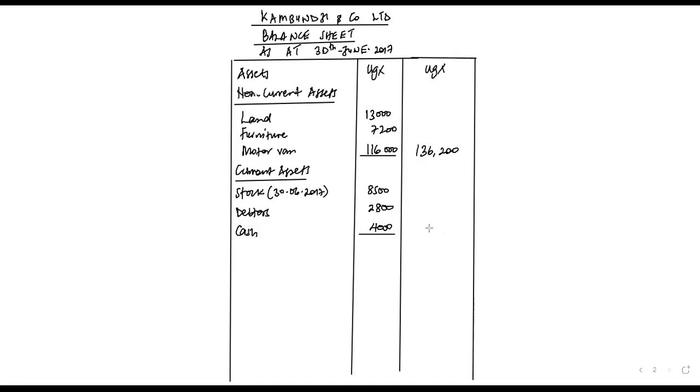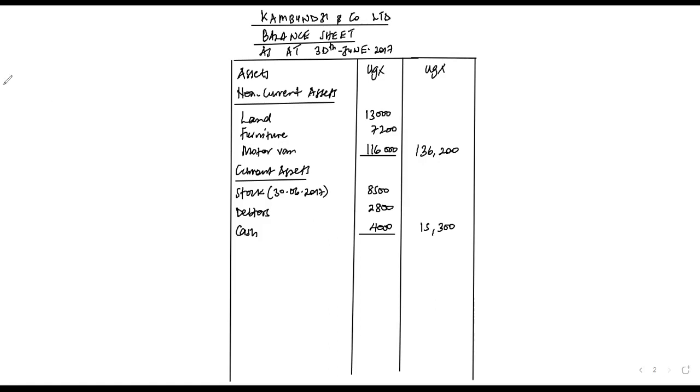But now, being that it's an overdraft, that's a liability to the business. So we have 8,500 plus 2,800 plus 4,000, giving us 15,300.